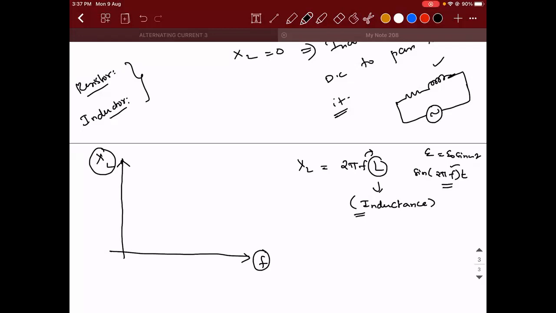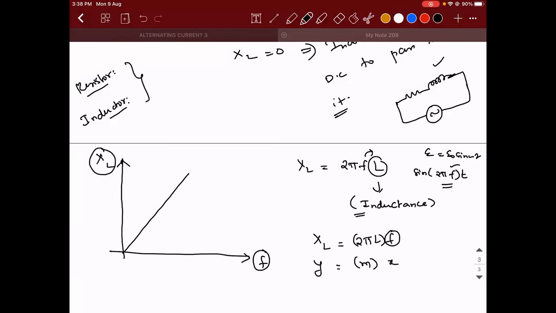They are directly proportional, so it will be a straight line. Very good. So I can write it as 2 pi L into F. XL on the y-axis is equal to something into F on the x-axis. So is it not of the format y is equal to mx? So y is equal to mx will be a straight line like this.